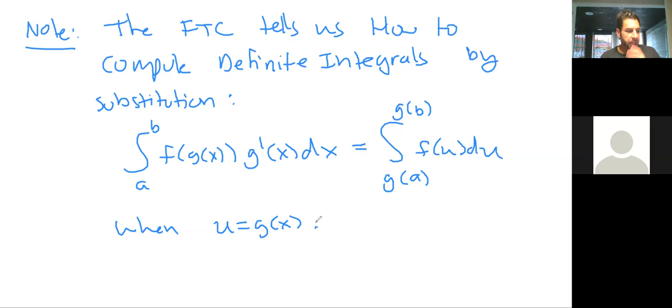So this is the fancy statement, and of course these integrals have to make sense. f has to be continuous, it has to be defined on the range of g and all that. But we don't care about any of these technicalities right now. There's a time and place for that, and learning it is not the place for technicalities. So let's do an example of what I mean by that.